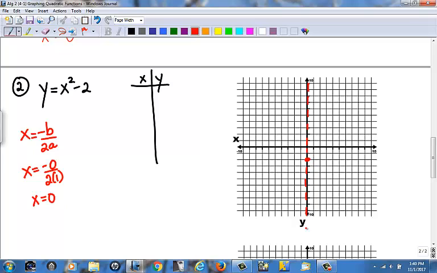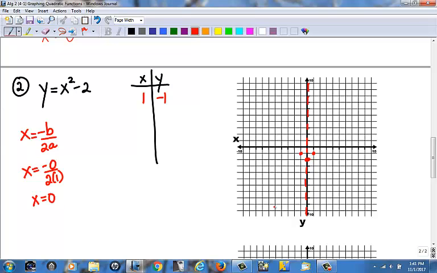So now let's put 1 in. 1 squared would be 1 minus 2, -1. So right 1, down 1. If that's 1 point to the right of the axis of symmetry, there's 1 to the left, because it has to be symmetrical.